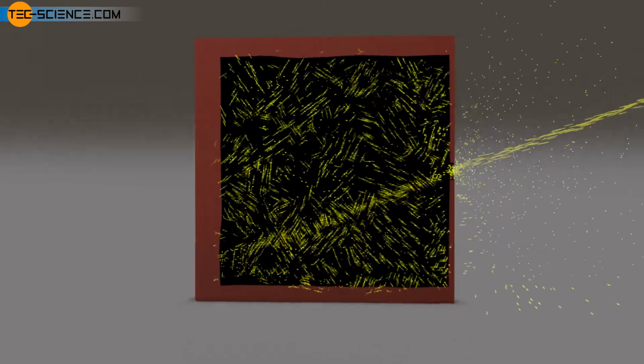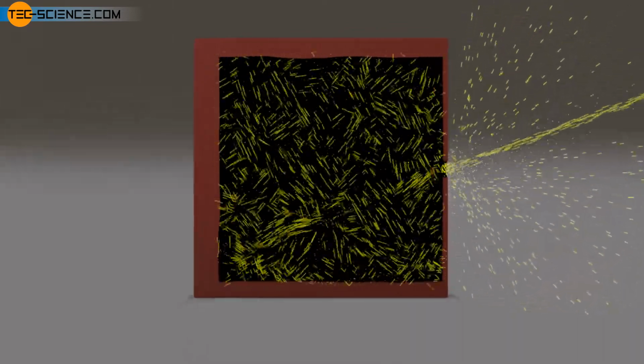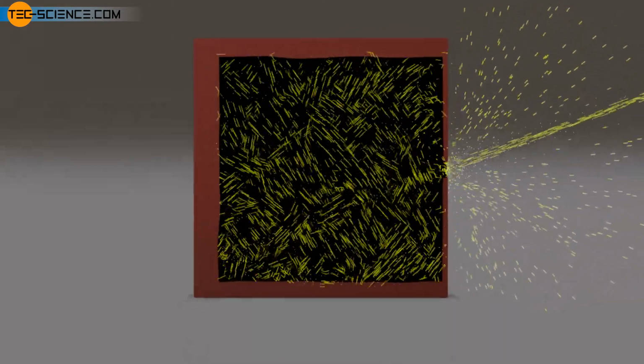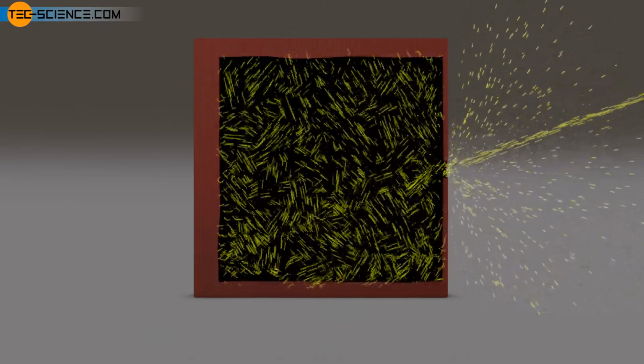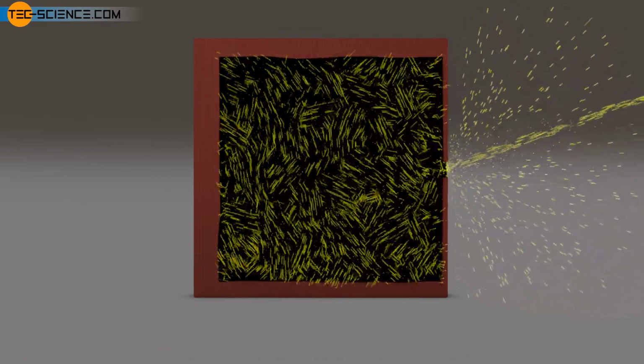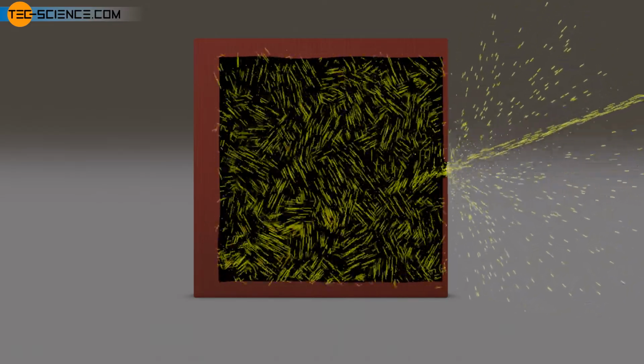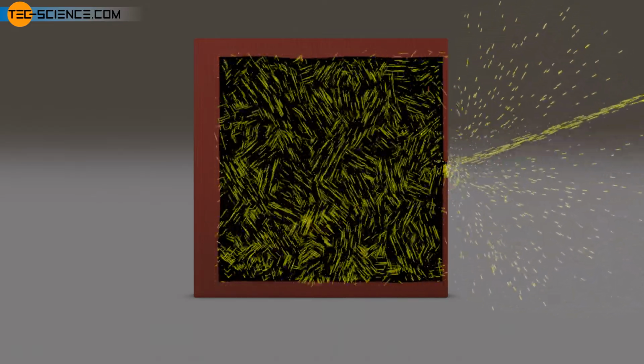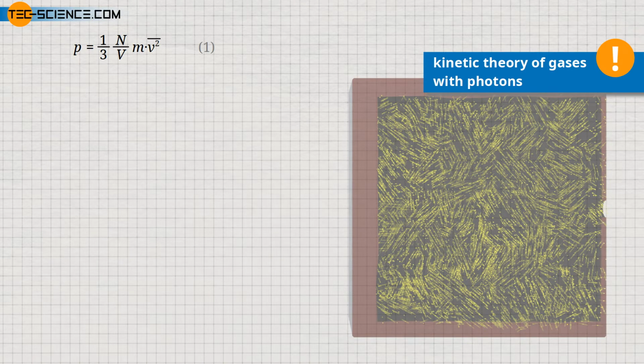Instead of massive particles, in this case we are dealing with massless, relativistic photons. Here too, one can detect a pressure in the cavity due to the moving photons. This pressure is also called radiation pressure. Equation 1 can now also be used, it only has to be interpreted against the background of the theory of relativity.